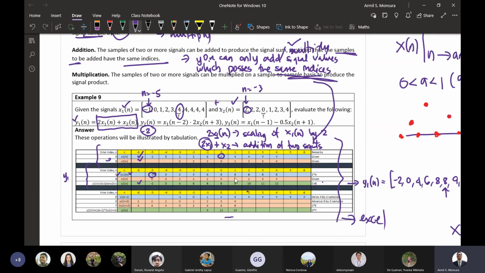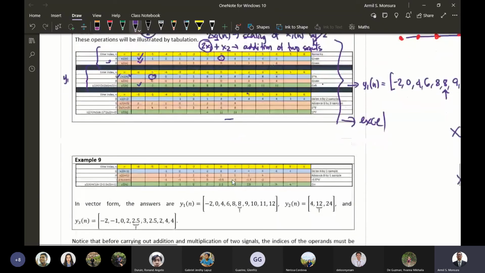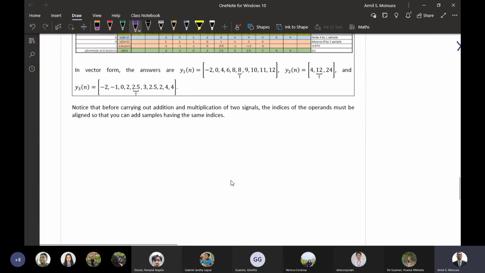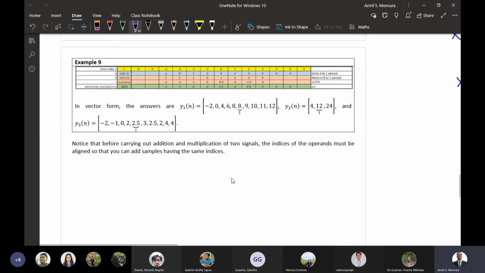Sa next meeting natin, pakita ko sa inyo kung paano mag-generate, for example, ng isa sa mga operations na yan. Okay? May questions ba so far?